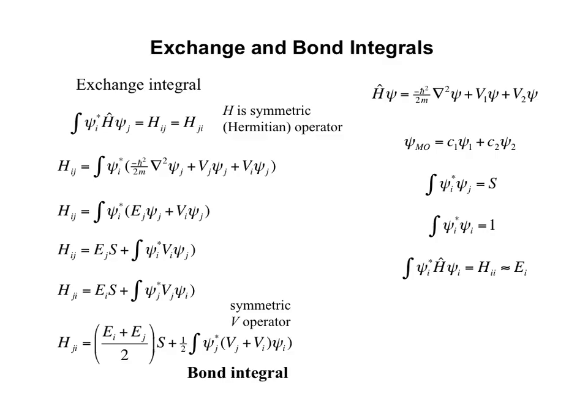And then we have a symmetric potential operator, which we call the bond integral, operating on either of the two atomic orbitals. We will simply denote this bond integral as Vij, such that the exchange integral equals the average energy of the two atomic orbitals times the overlap integral plus the bond integral.